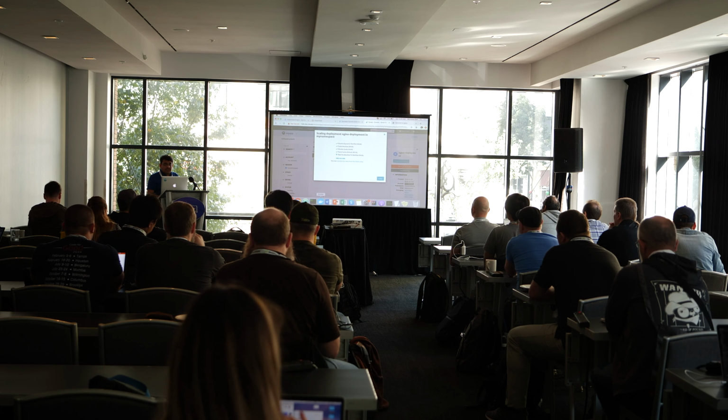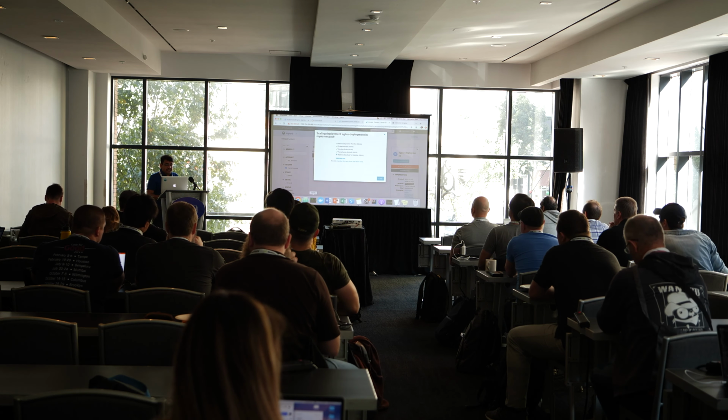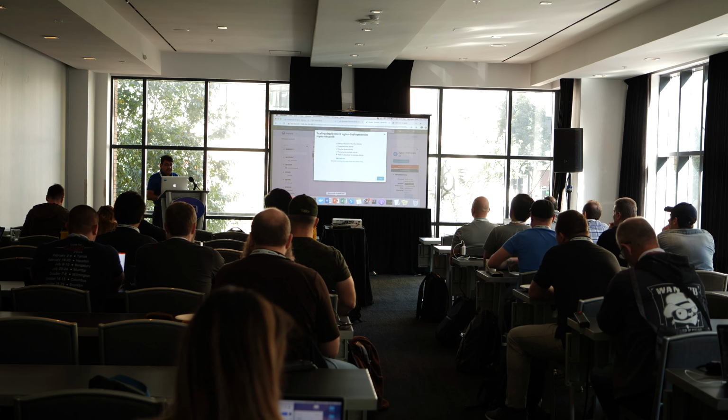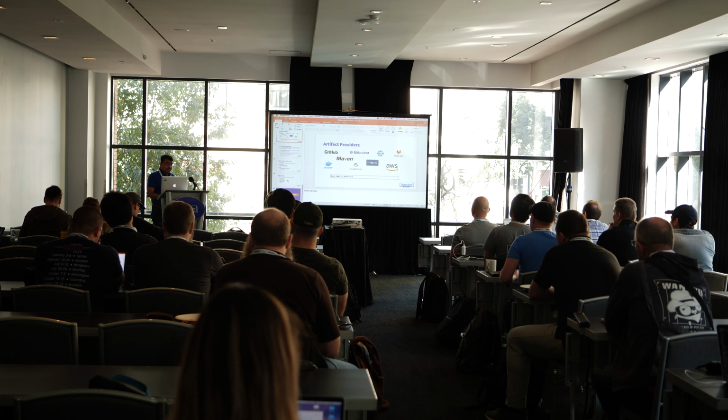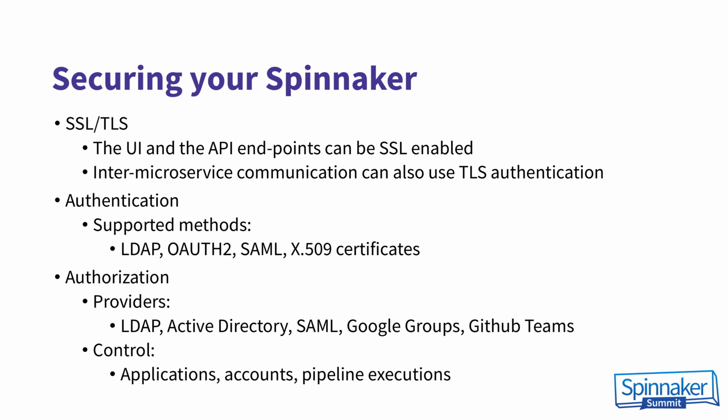What I'm going to do is just briefly talk through the 2 other slides that I had. First one is securing Spinnaker. The one that I set up was non-SSL enabled. I was hitting it by HTTP.